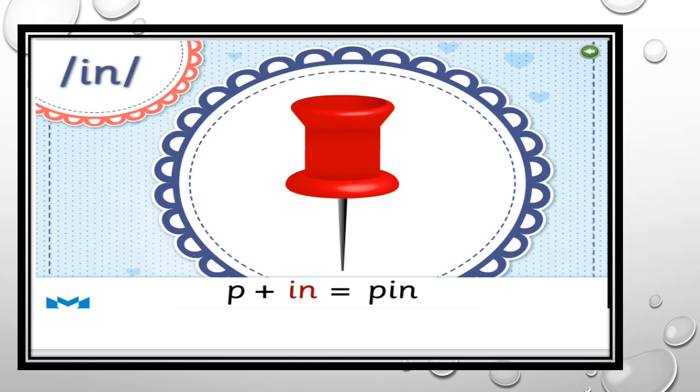The first pin, which we use to hang the hanky or join something, is called a safety pin. And this is a board pin, where we stick the paper on the notice board.